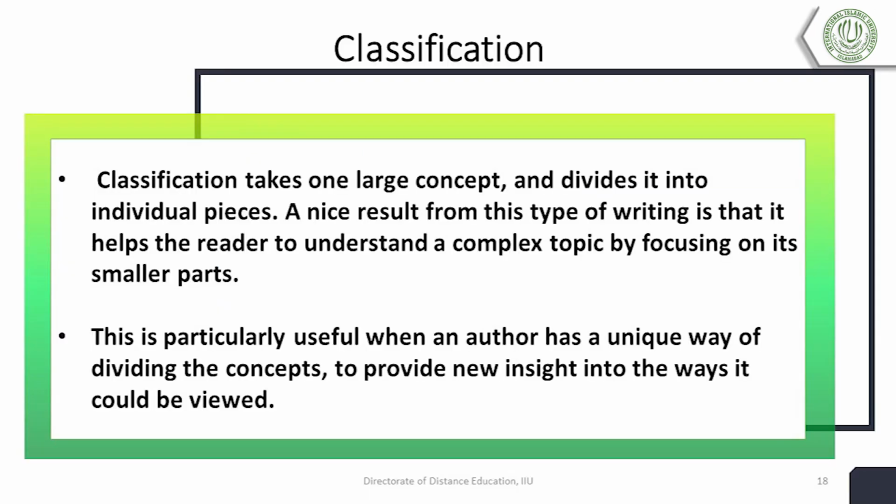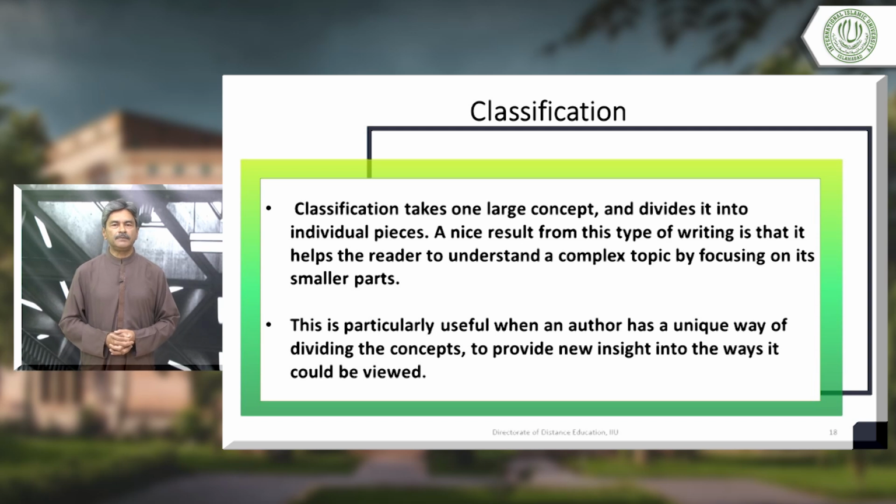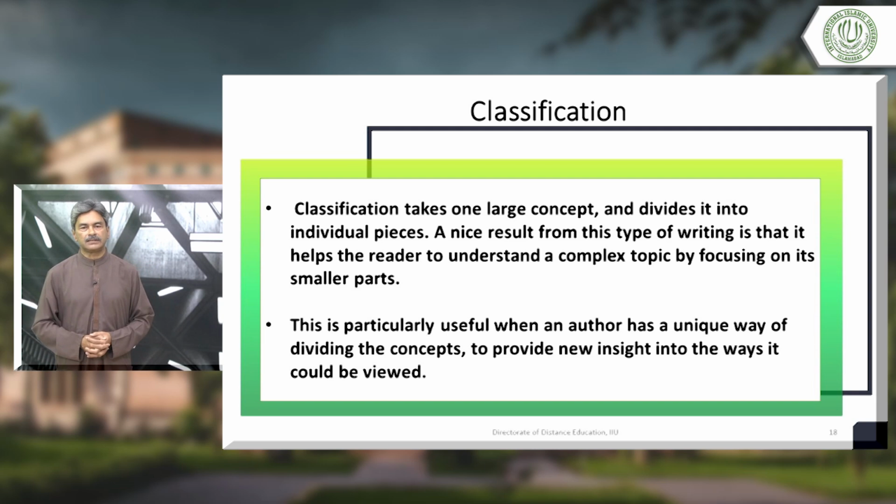Next type is classification. If you are science students, you have been classifying different groups. It goes like this: classification takes one large concept and divides it into individual pieces.